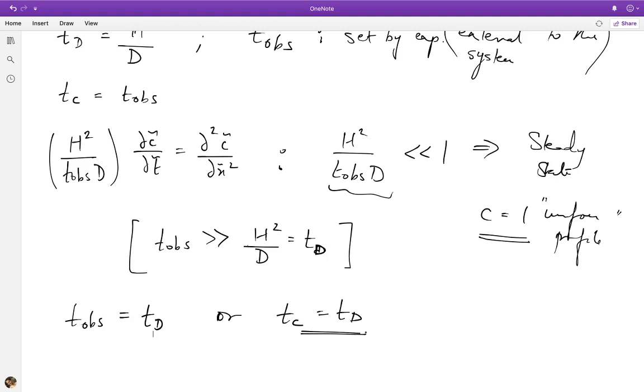This means I'm interested in processes on time scales where the concentration profile is still developing, before it reaches its uniform state. So I am interested in observing the system in the unsteady regime. Then it makes sense: that's like saying t observation is td, or scaling the time with the diffusion time scale, h square by d diffusivity.